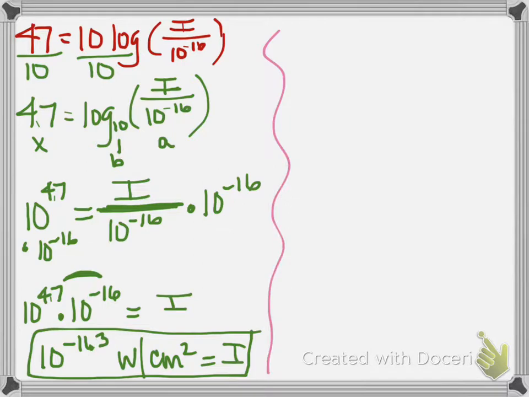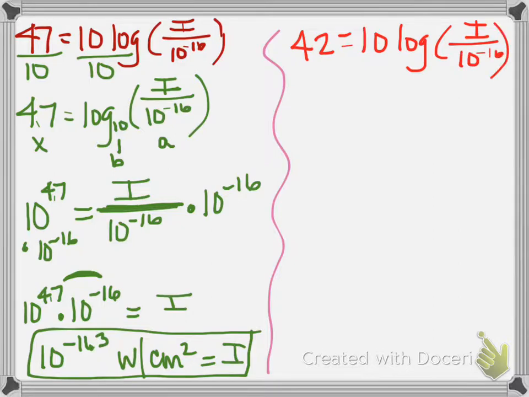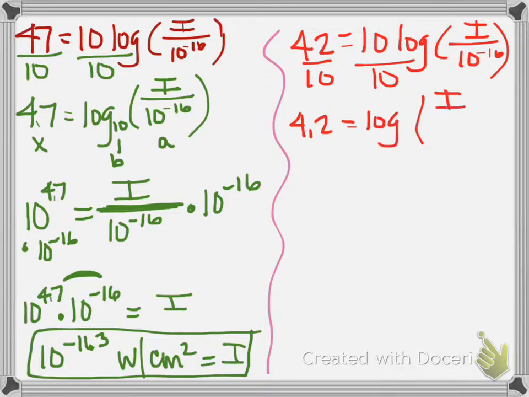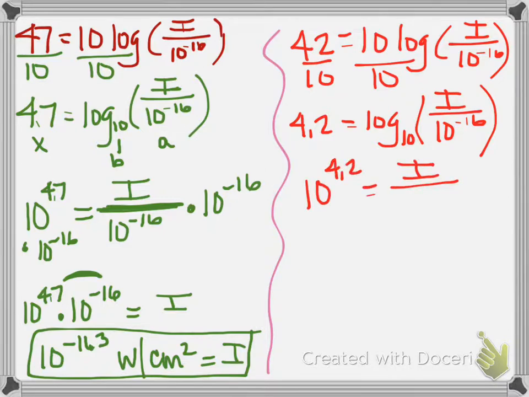So we have same idea, but 42 equals 10 log I divided by 10 to the negative 16th. Same steps, divide by 10, so 4.2 equals log of I divided by 10 to the negative 16. Rewrite, I have base 10, rewrite as 10 to the 4.2 equals I divided by 10 to the negative 16th.